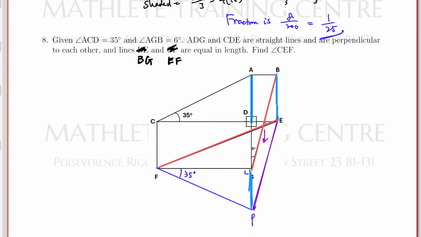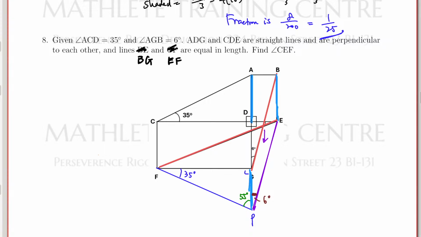This angle of 6 degrees, it goes where? Because of the parallel condition, it goes here. So this tiny angle here is an angle of 6 degrees. And the angle beside this 6 degrees, we also know it will be equal to 90 minus 35 degrees. So the angle beside here will be 55 degrees. Okay, so this is our situation.